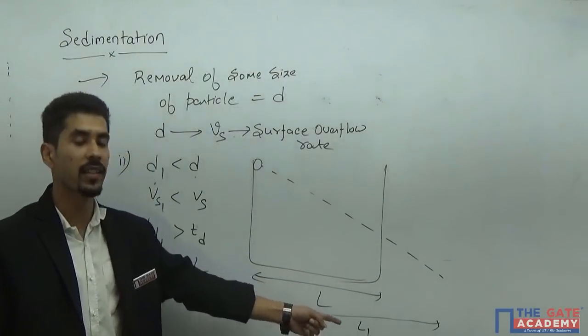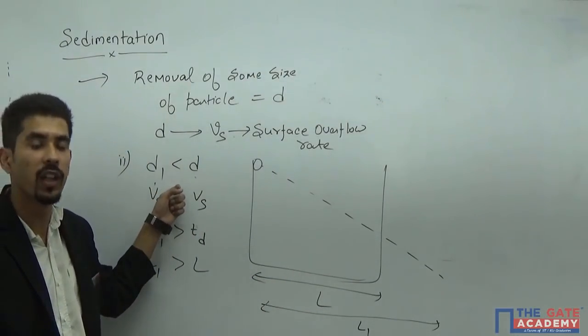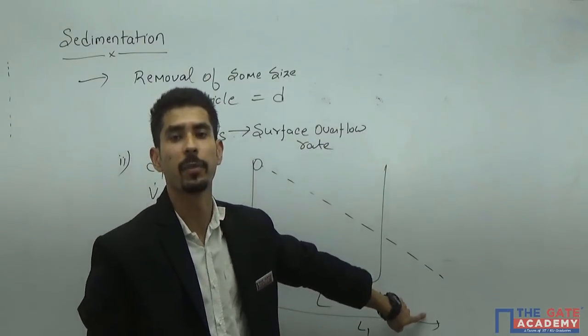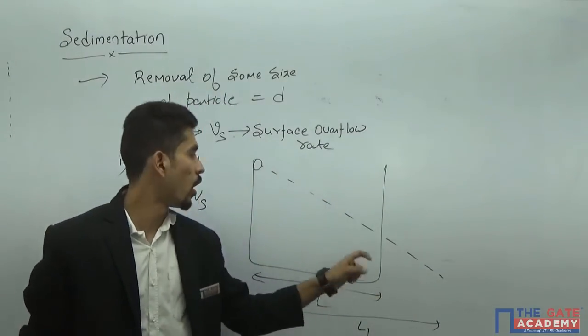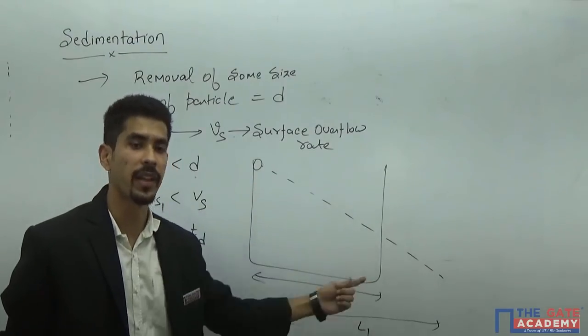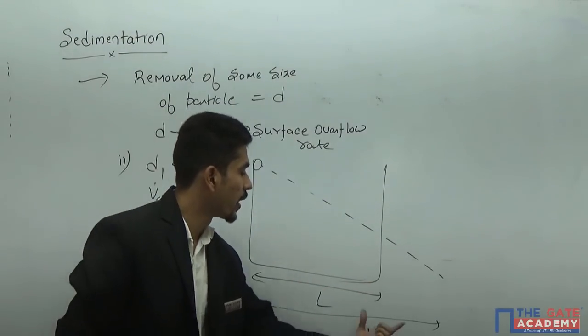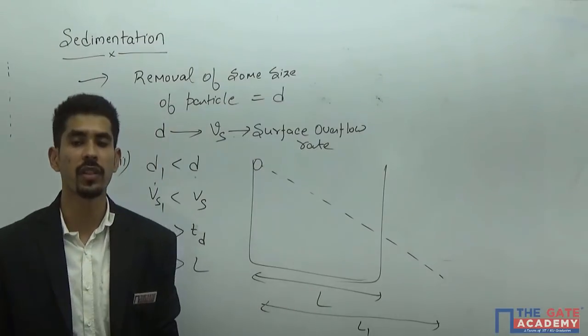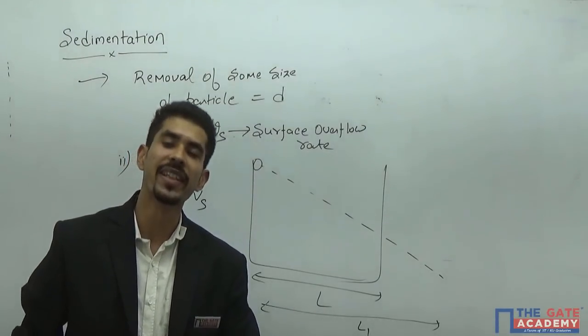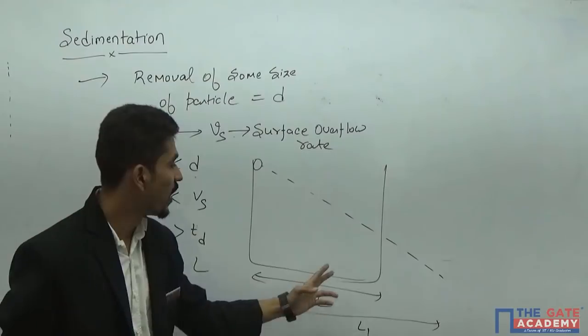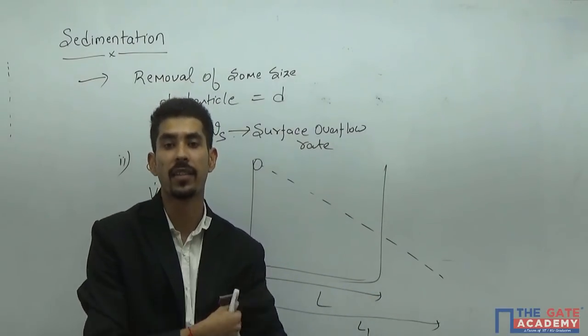So in this case, the removal of this particle is not taking place, as it is requiring a length larger than the length of your sedimentation tank. So in this case, there will be no removal of these particles.